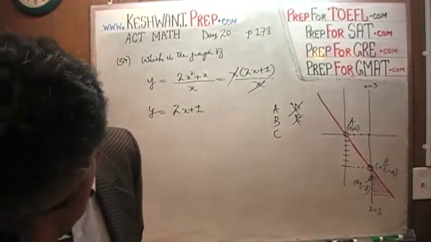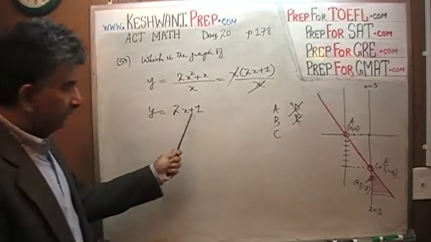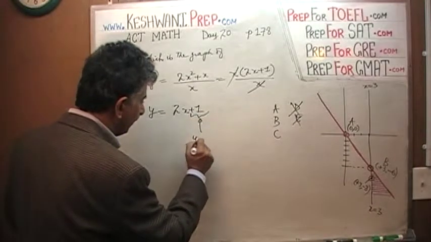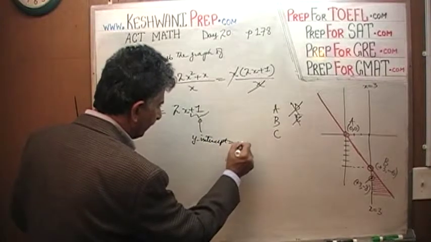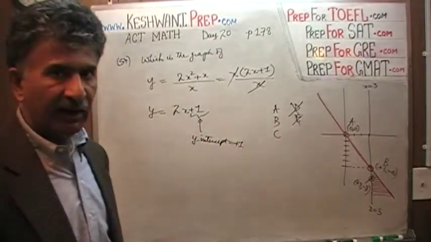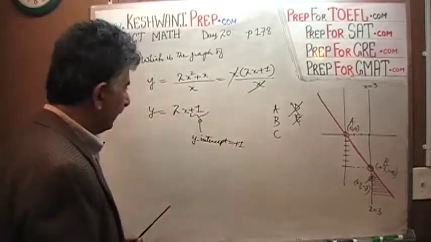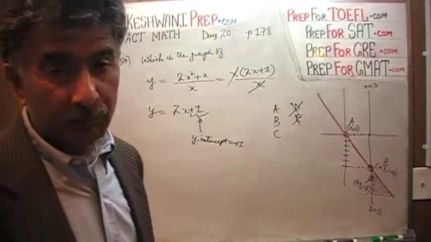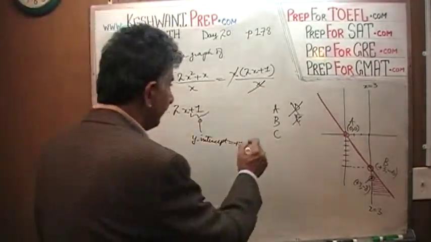The second thing we have to realize is that the y-intercept of this line is equal to positive 1. In other words, the line cuts the y-axis at 1. Among the three remaining answer choices, in A we're shown a line that cuts the y-axis at 1. There you go.